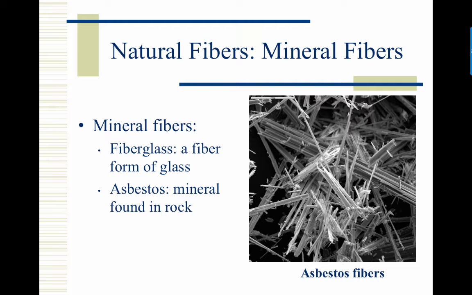Asbestos, if you look at this picture, see how these fibers almost look like needles and they look very sharp. Asbestos is a mineral. It naturally occurs in rock. It's very durable, very fire resistant. So it's used in brake linings, ceiling tiles, siding and insulation, also in flame-proof clothing.